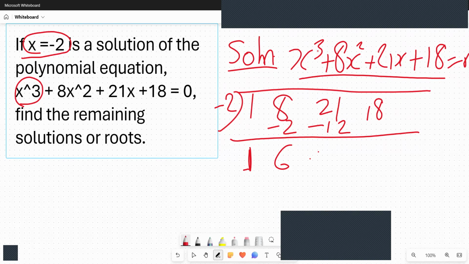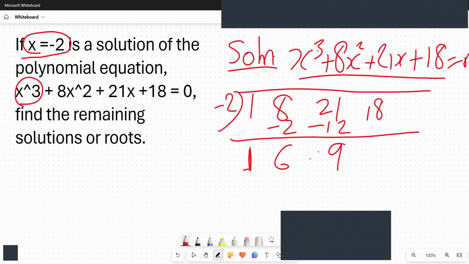Okay, the next number there is 21. If I add -12 to 21, what do I have? That is going to give me 9.